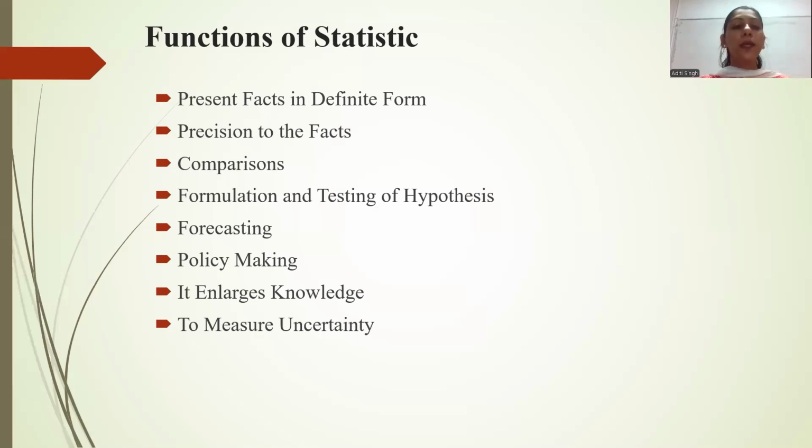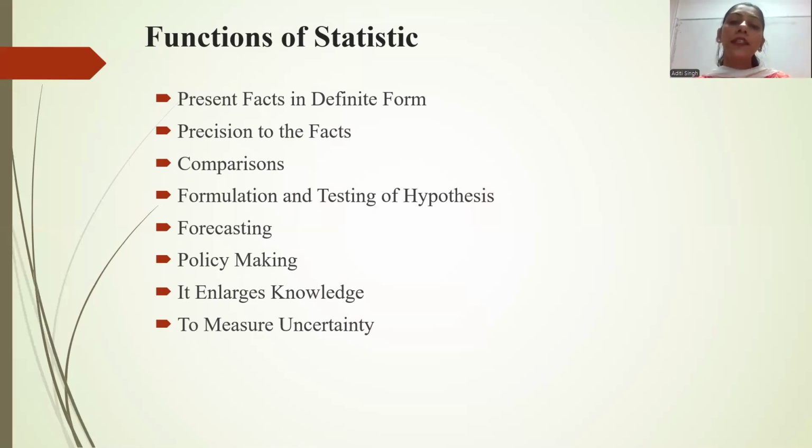Now next point is comparison. So after simplifying the data, it can be correlated as well as compared. So the relationship between the two groups is best represented with the help of mathematical quantities like average, coefficient, and the correlation.